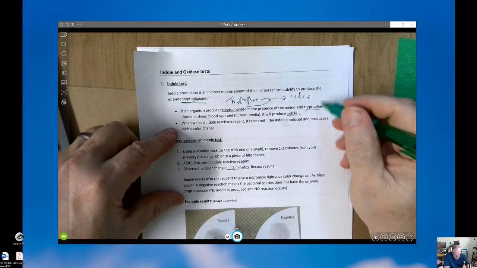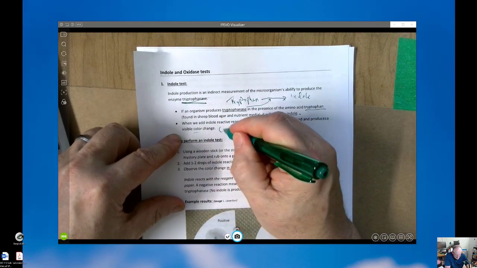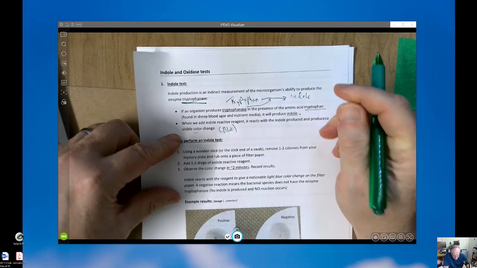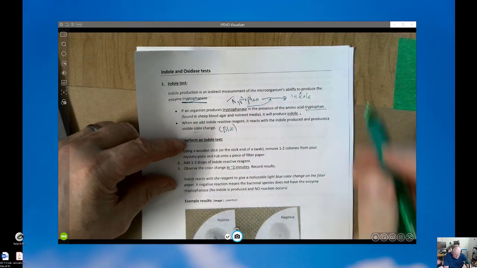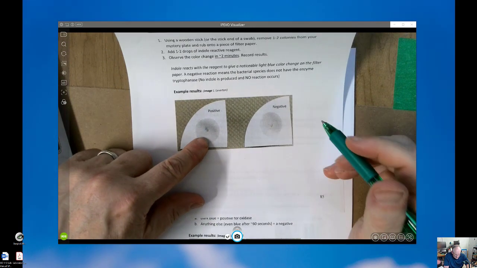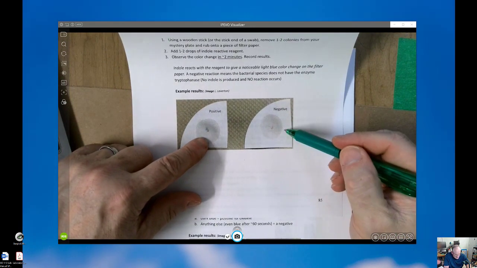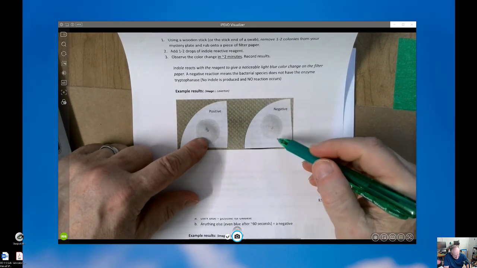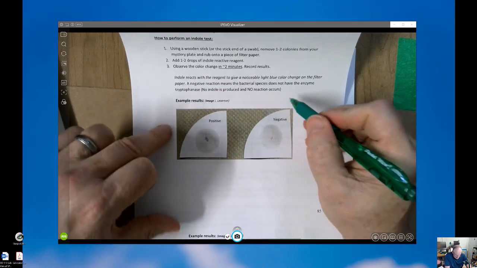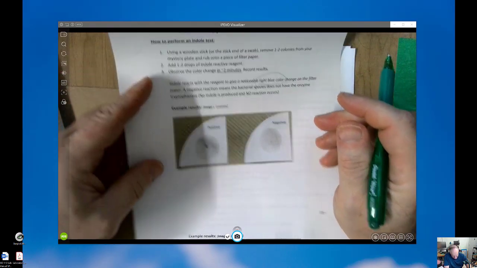With that, it produces a visible color change, a blue color. Really straightforward. You can see the positive down here is a positive blue color, and negative is whatever color the media was, with a light blue color change. It's a really simple test.